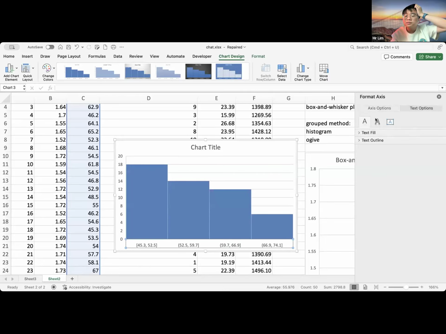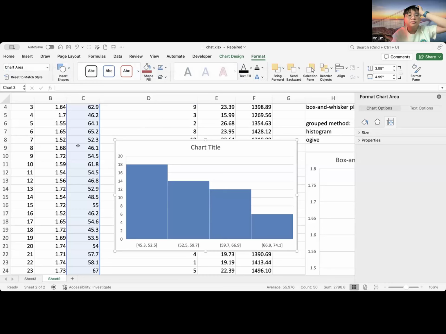Text option. Not here. Go up, go up. Wait, okay. What about format?